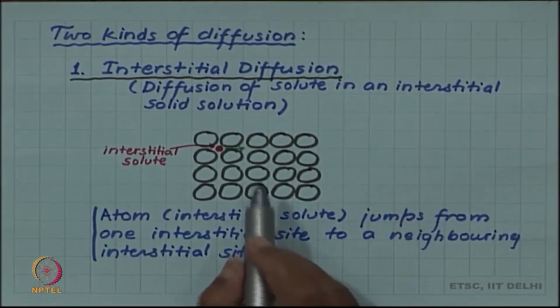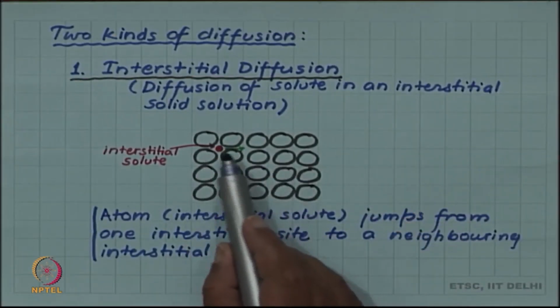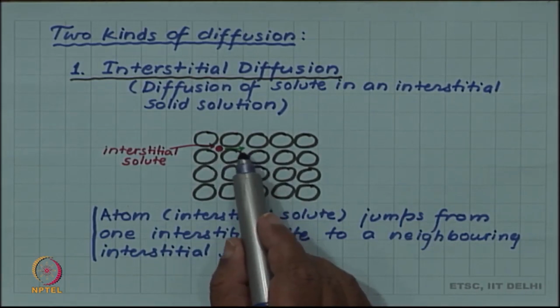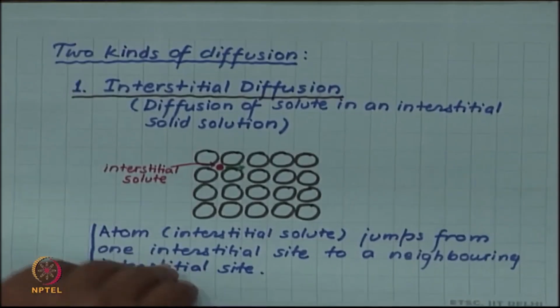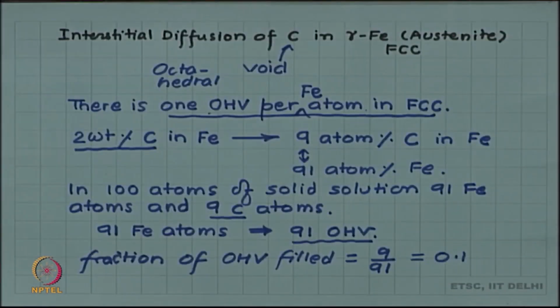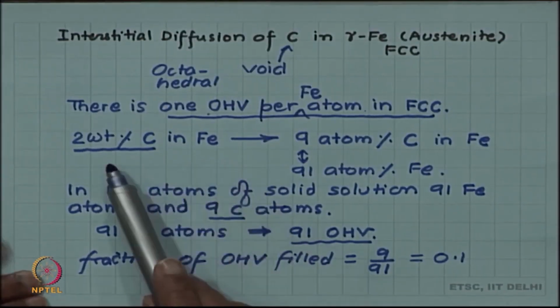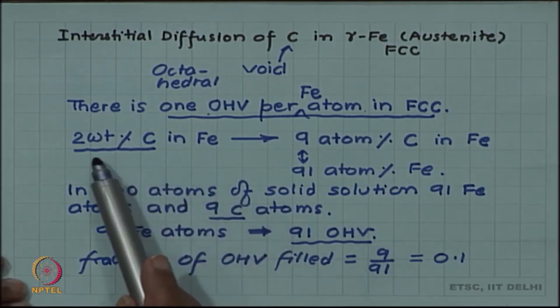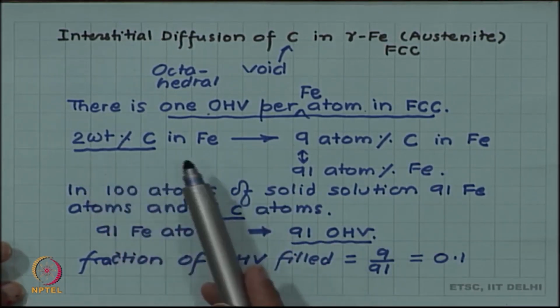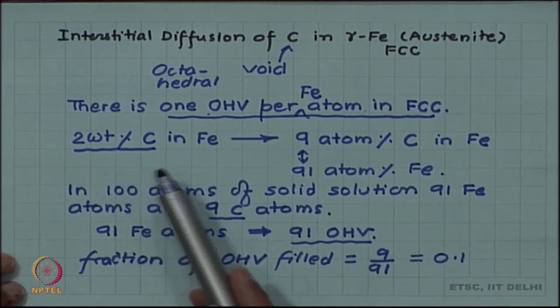So, when I show you a diffusion system like this, there is a 90% probability of a neighboring site being vacant if you have the maximum amount of carbon. In most practical steels, the carbon concentration will be much less, and in mild steel it can be 0.2% or 0.1%.